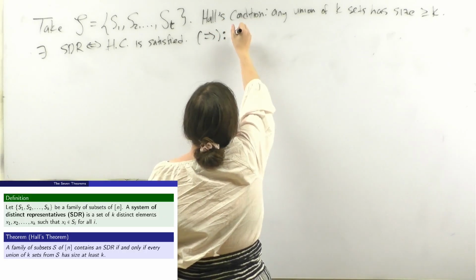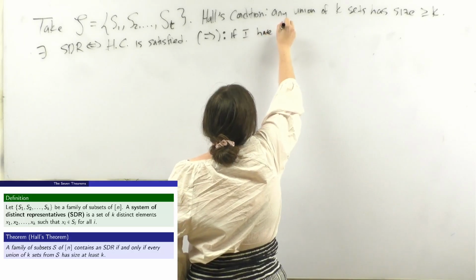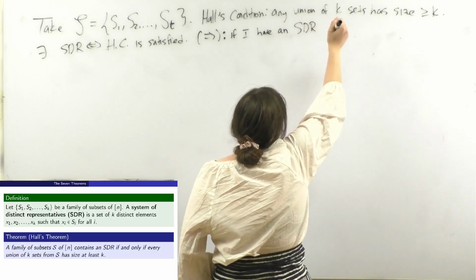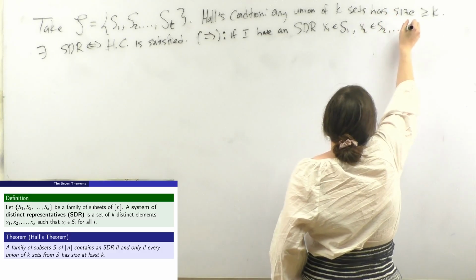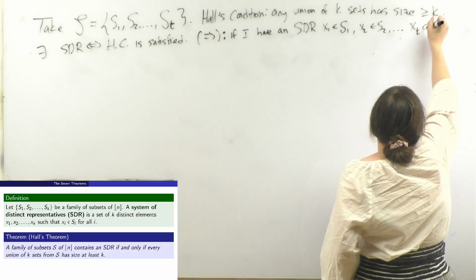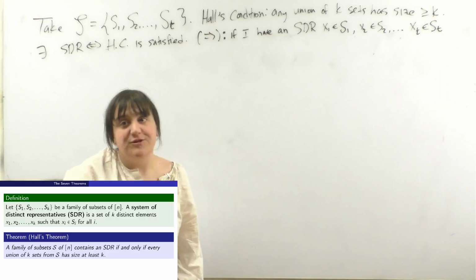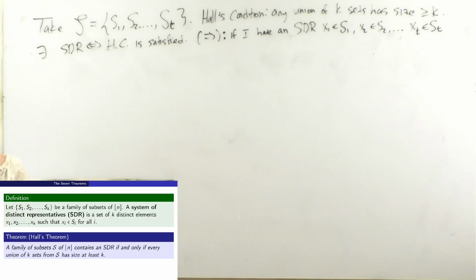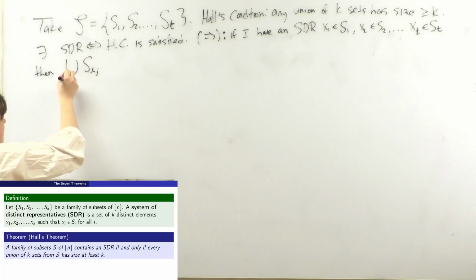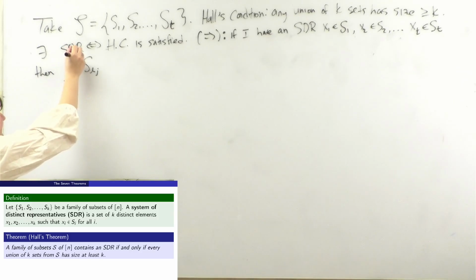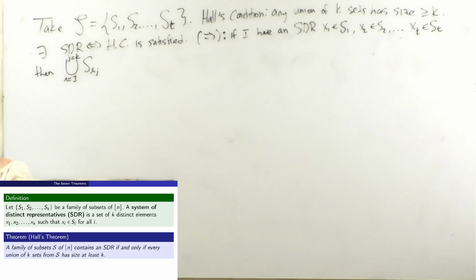So if I have an SDR like this, so I can pick out these different elements to represent each set, then if I take the union of, I'm going to write annoying things for this whole proof, like S_{i_j}, to say I'm picking out j ranges from 1 to k, so I'm picking out a total of k sets.